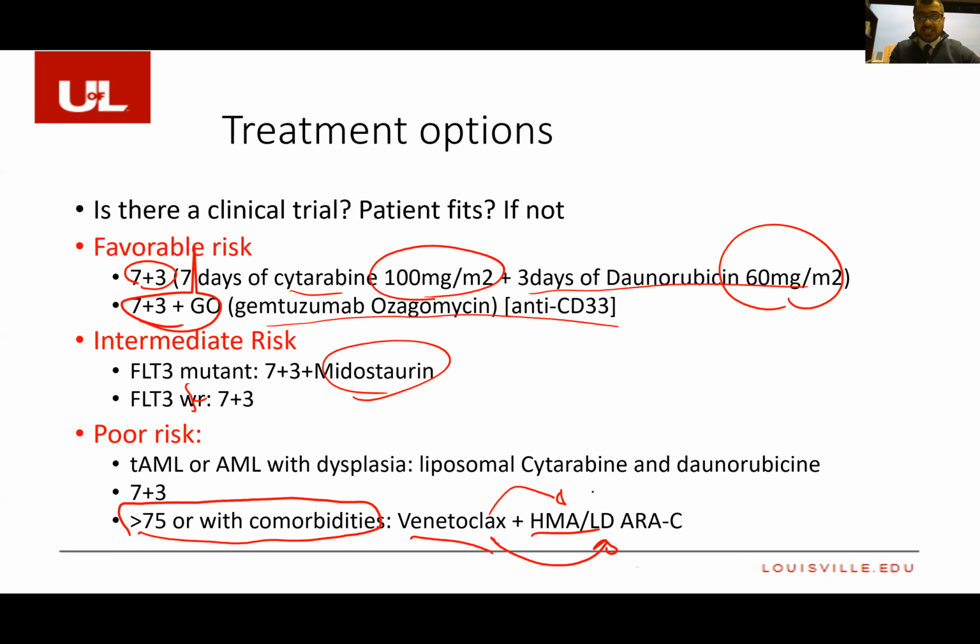You give them venetoclax, and venetoclax is such a smart drug. It's a BCL2 inhibitor. It's a small molecule that goes and inhibits BCL2. BCL2 is an anti-apoptotic marker, so you would incur an apoptotic process by the use of venetoclax.